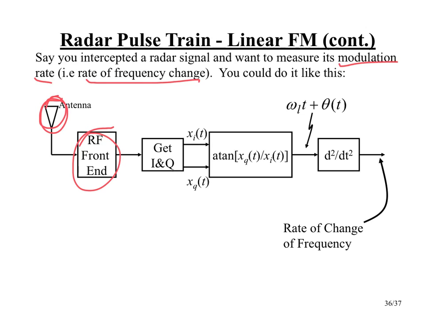Then we'd apply some amplification, and eventually we would get down to some circuitry that would compute the I and Q components. And I'm showing it here as analog, but it could just as easily be digital, meaning a discrete time computation, like with that chip from Analog Devices.